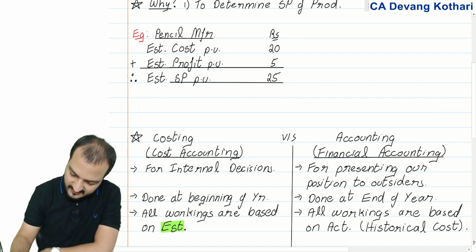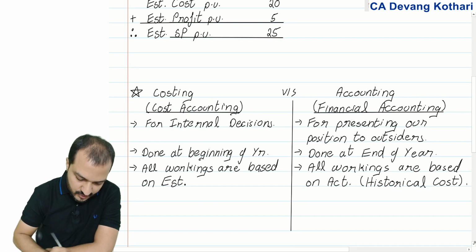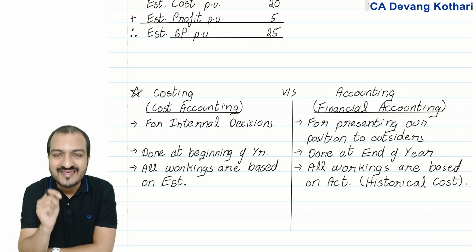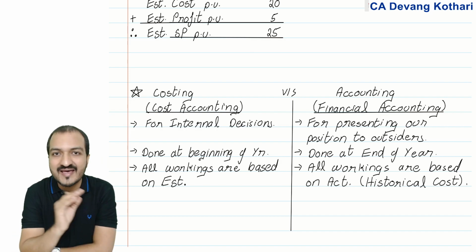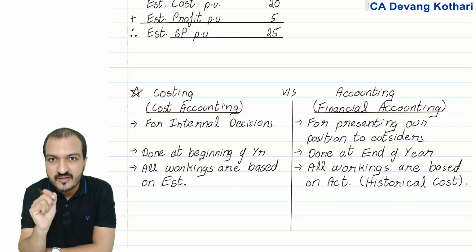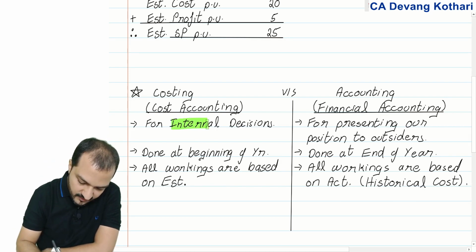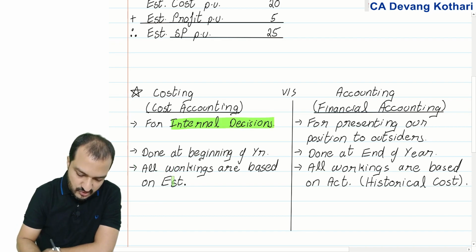And chalo, that leads me to my next point of difference, very, very useful for my explanations. Listen carefully. See, I told you that costing subject is for internal decisions. It is based on estimates.